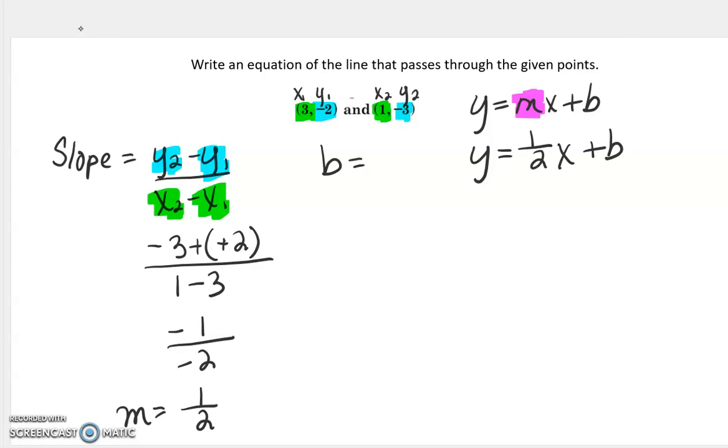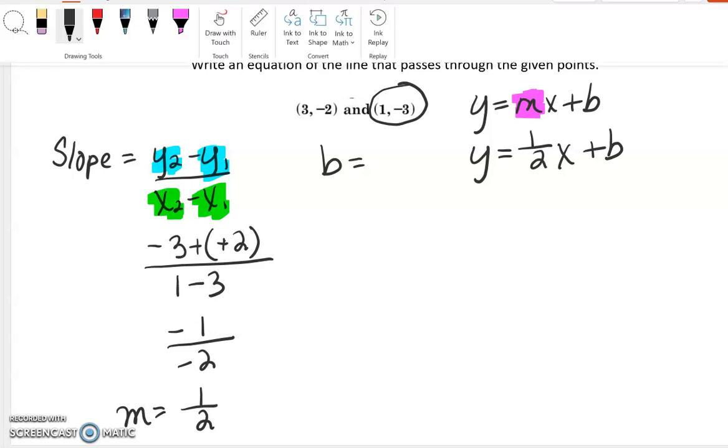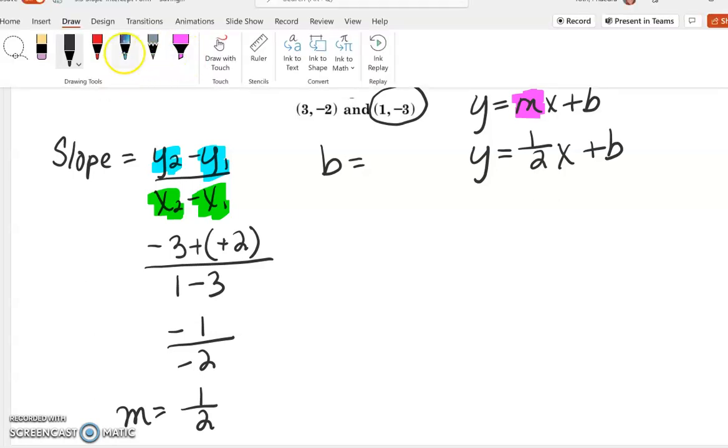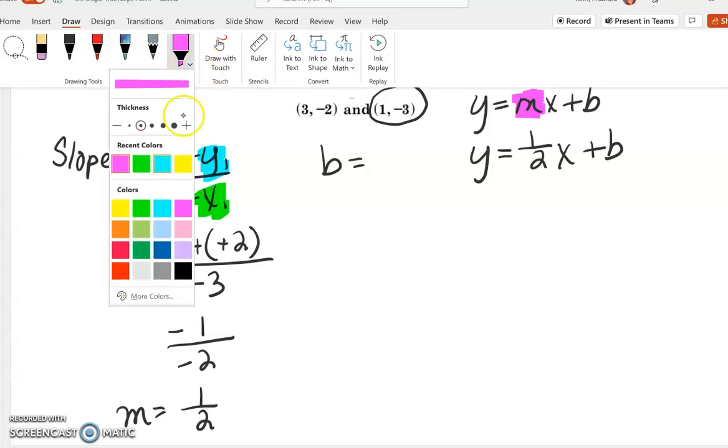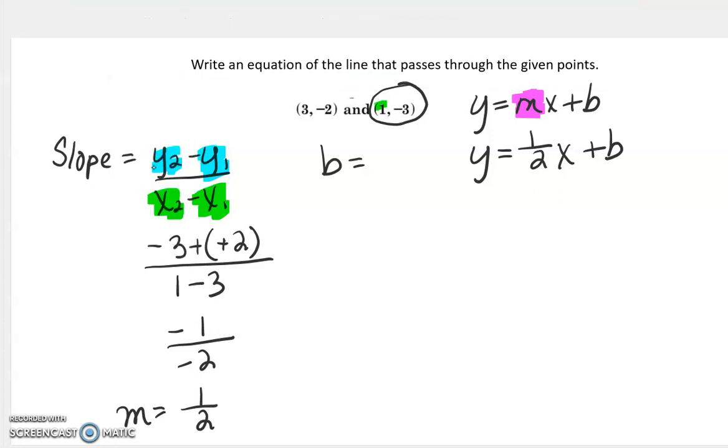Okay, so how do we figure out what b is? This is where you're going to want to use any one of these coordinates. It might be a good idea to try to use one that's positive. In this case, neither one of them are. But I'm going to probably just use this one because it's easier. Got a 1 and a -3. So I'm going to plug in the x value, which is 1, is going to go here.